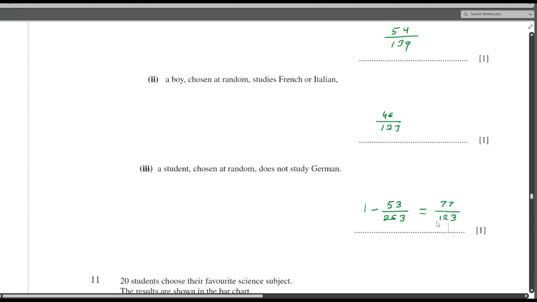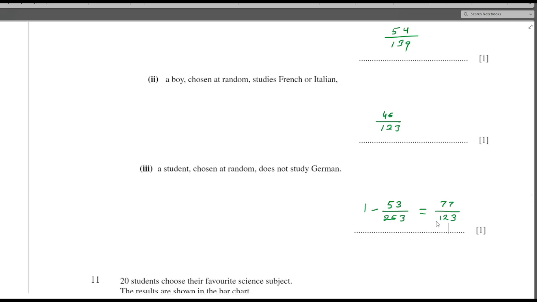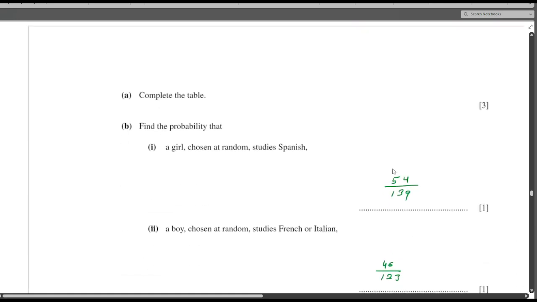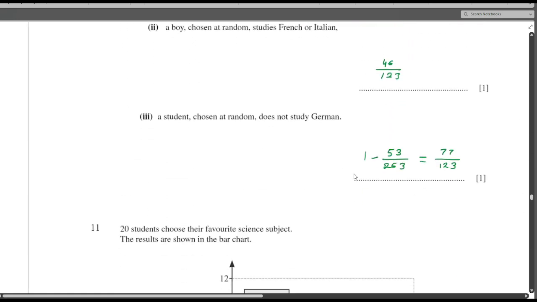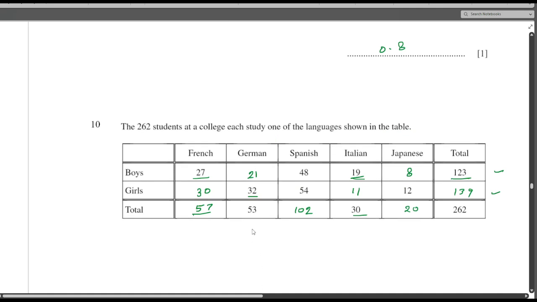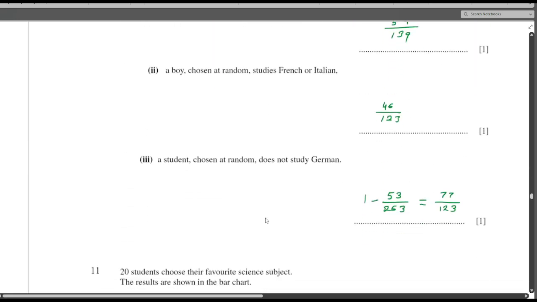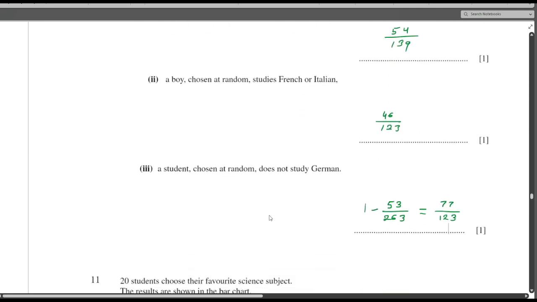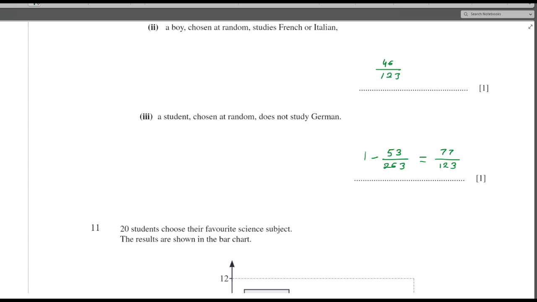263 minus, if I do 53, it is 210. Let me check. A student chosen at random does not study German. So how many are studying German? 53 students are studying German. 53 out of 262. So 1 minus 53 over 262. Okay, total here is 262, not 263.